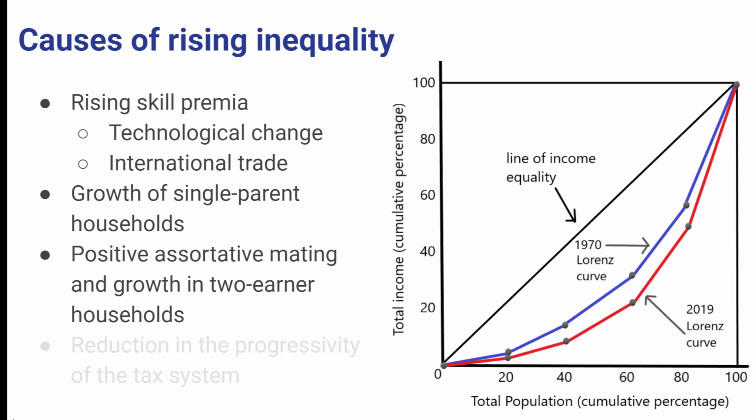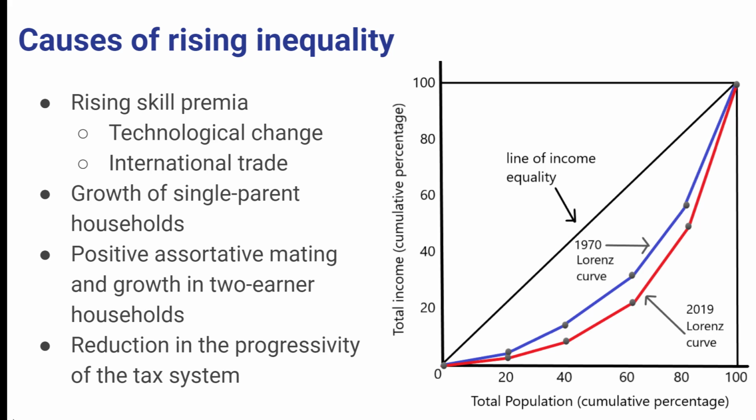Another factor is, beginning with the Reagan administration and continuing with the George W. Bush administration and then the Trump administration, the tax structure has become substantially less progressive. The degree of progressivity of a tax structure is the extent to which the tax structure is used to redistribute income.